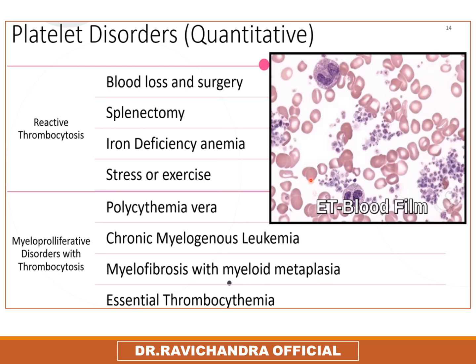And myeloproliferative disorders with thrombocytosis are seen in polycythemia vera, chronic myelogenous leukemia, myelofibrosis with myeloid metaplasia, and essential thrombocythemia. This is a picture showing essential thrombocythemia blood film.